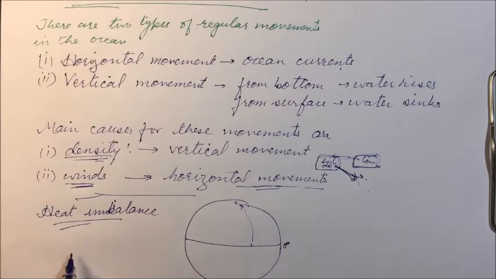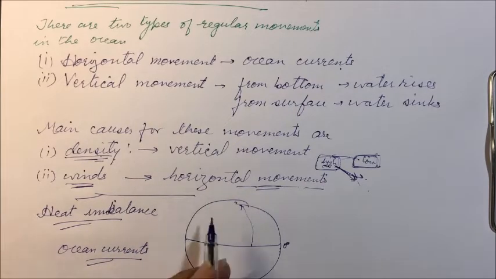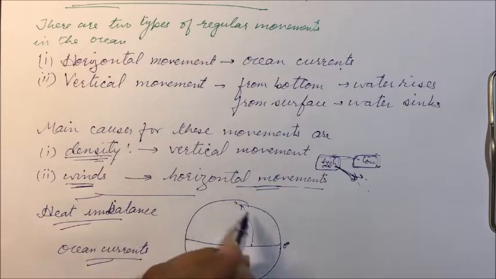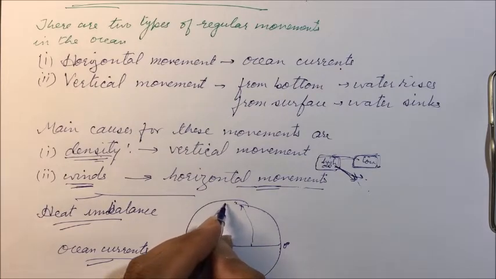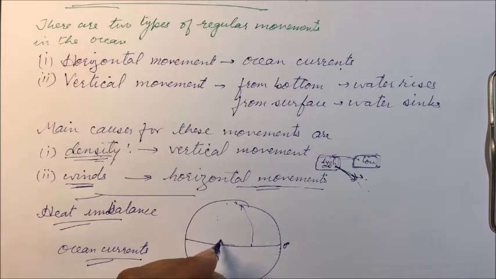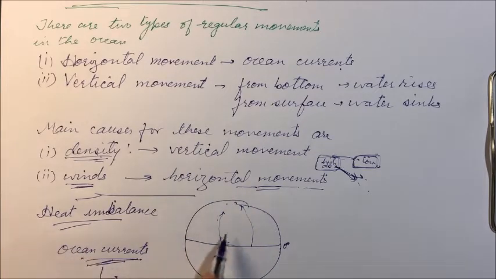And here the ocean currents play a major role in maintaining the heat balance. They transfer heat from lower latitudes, that is from the equator or tropics, towards the higher latitudes. That's how ocean currents maintain the heat balance of the earth.